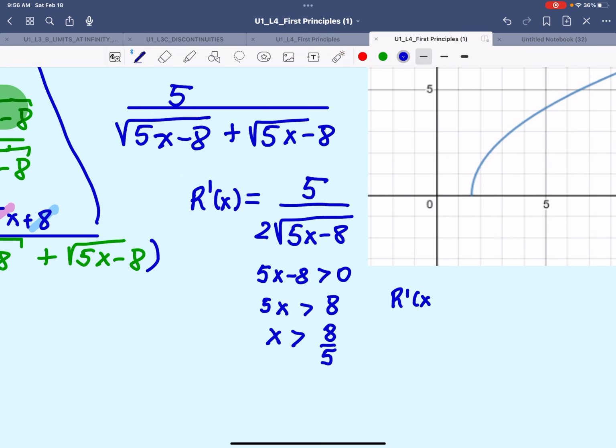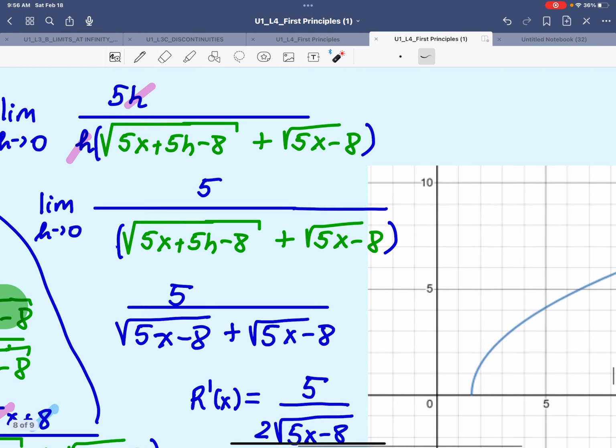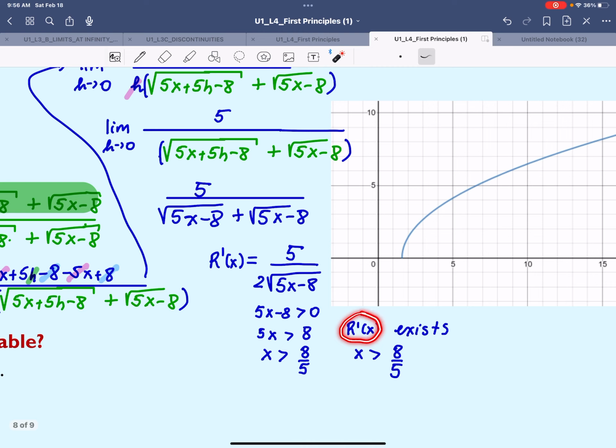R prime x exists, or it has the domain for x values bigger than 8 over 5. So we're going to say the derivative exists in this domain, and the function r of x is differentiable for x values bigger than 8 over 5.